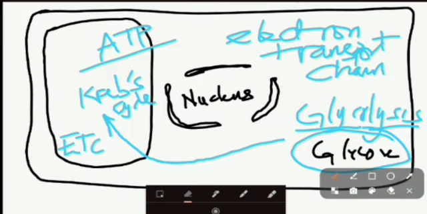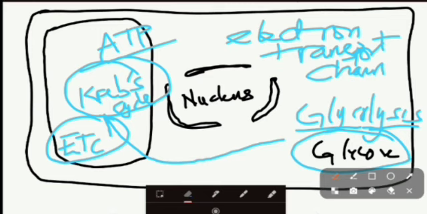Then the product is taken into the mitochondria, where it undergoes the Krebs cycle that generates ATP and some products. The other products go into the electron transport chain, the last one, which generates even more energy. That is why the mitochondria is called the powerhouse of the cell, because it has two important reactions that generate energy: the Krebs cycle as well as the electron transport chain.